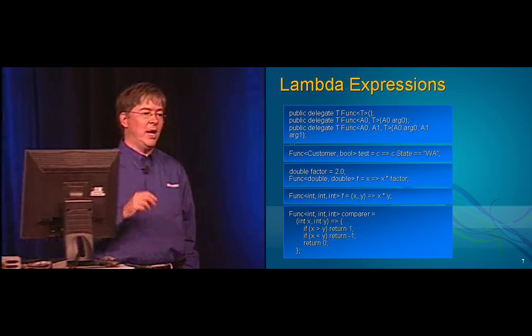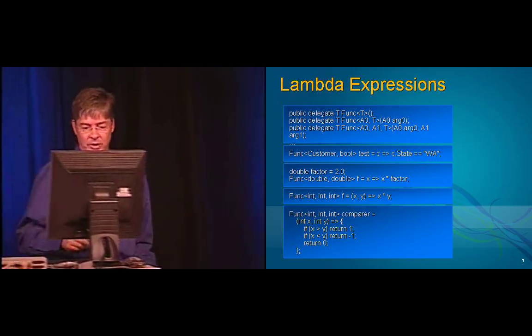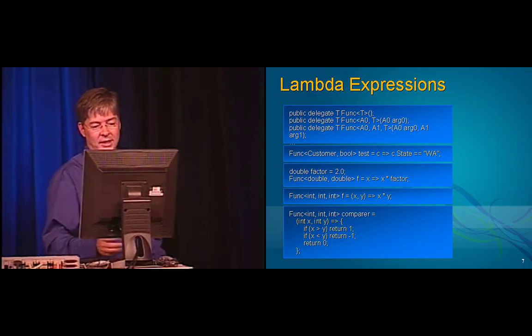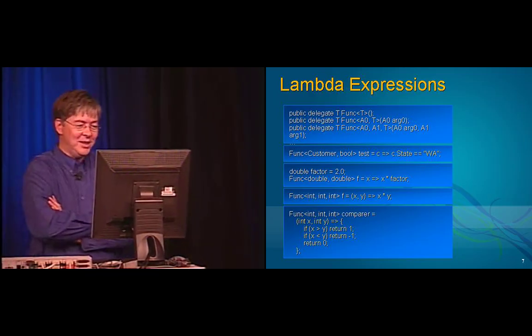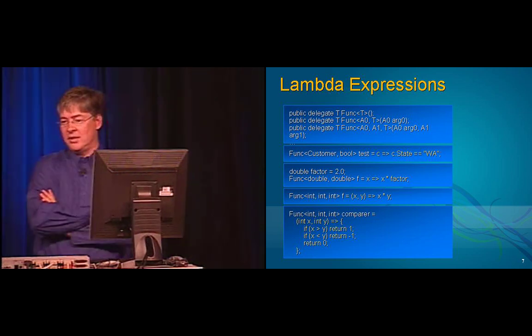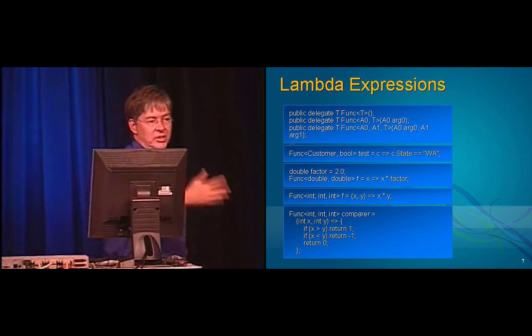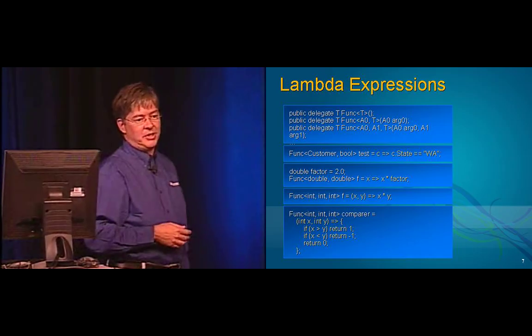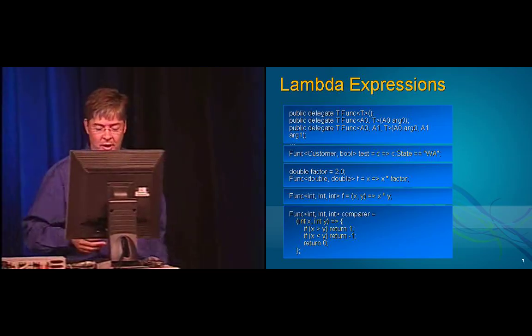But in cases where a lambda has 1 argument, we allow you to omit the parentheses around the arguments. Finally, and this is starting to get geeky, here's an example of a function that takes 2 ints and returns an int, a comparer. And in this case, I've actually explicitly typed the arguments of the lambda expression. I'm permitted to write the types there, but I'm not required to.